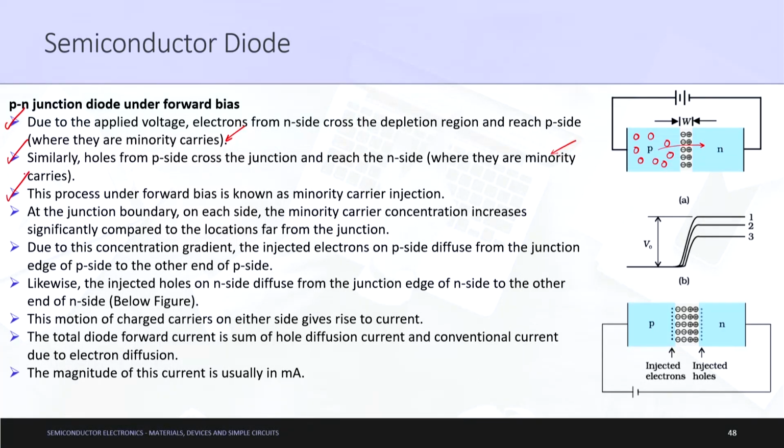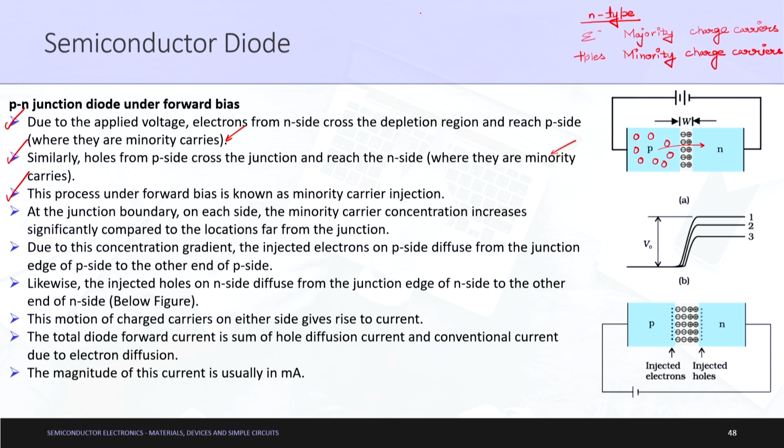Just for revision, I am writing again. For an N type, electrons are majority charge carriers. Similarly, holes are minority charge carriers.